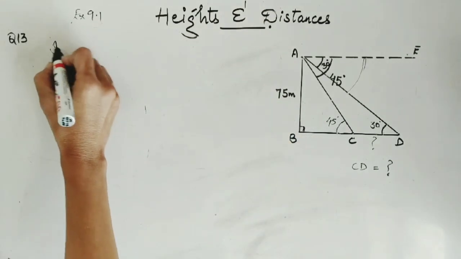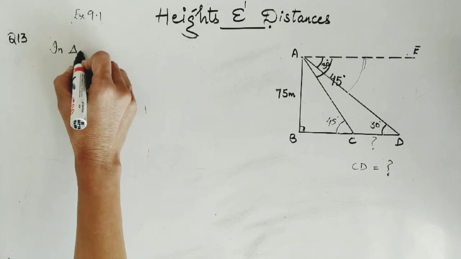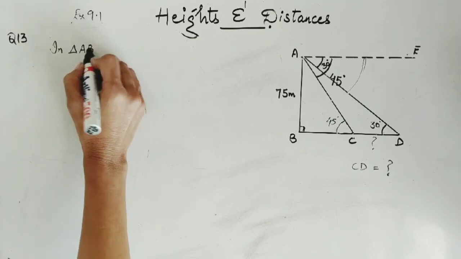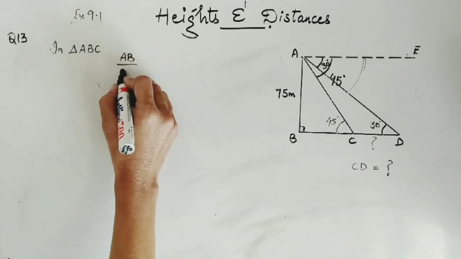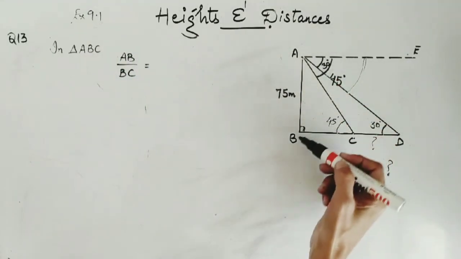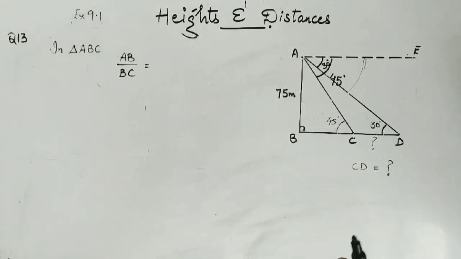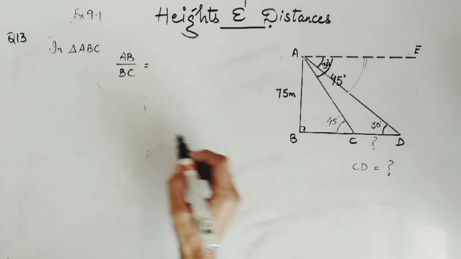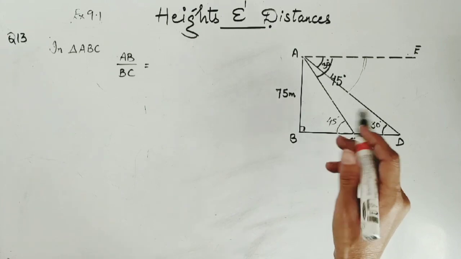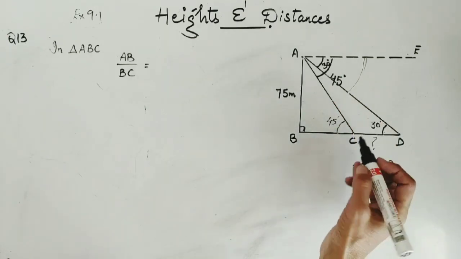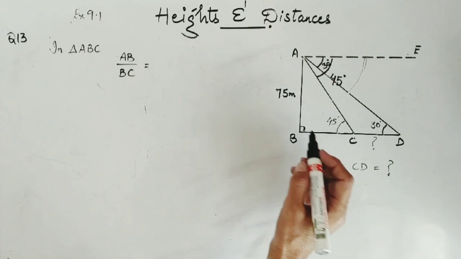In triangle ABC, if I say AB by BC, AB perpendicular by base, most of the cases we would be dealing with tan only. So just remember all the values: tan 30 is 1 by root 3, tan 60 is root 3 and tan 45 is 1.